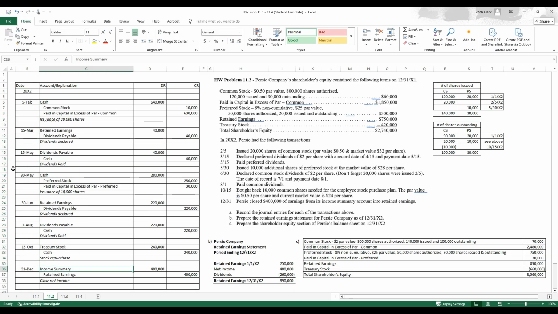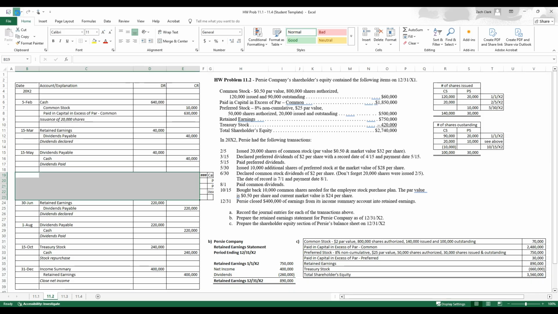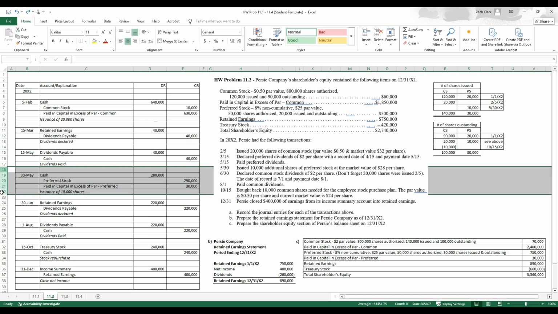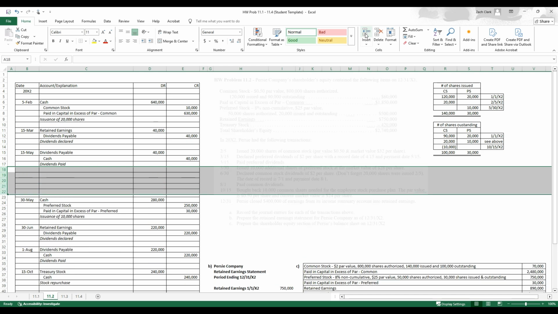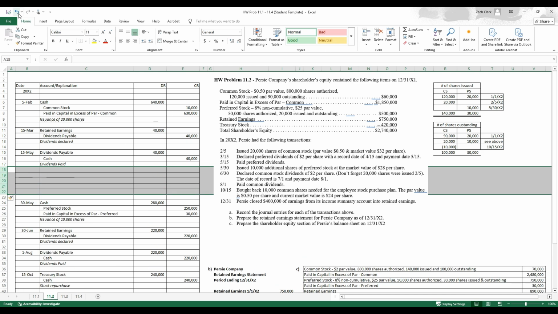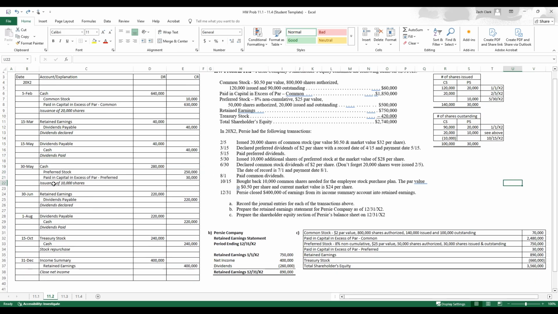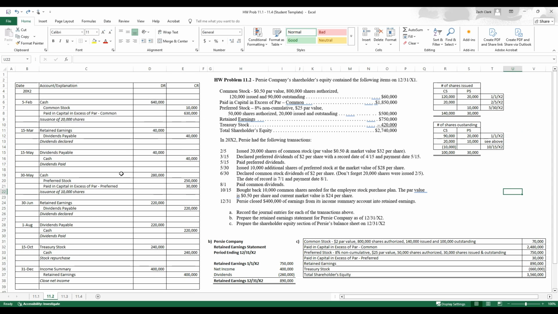So you kind of see how you can add rows in there just by highlighting those cells, and then you can just click insert. Oh, that didn't work. Click shift cells down. How did I do that? I think I just did it this way. If you highlight the whole row and then click insert, it just adds a whole new section. So different ways to handle the problem, or you could cut and paste down, and so on and so forth.